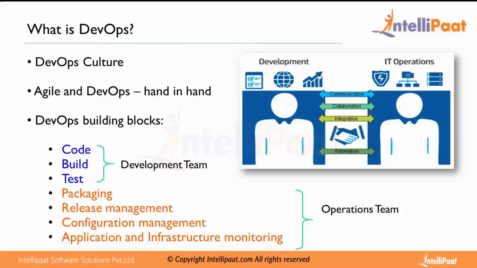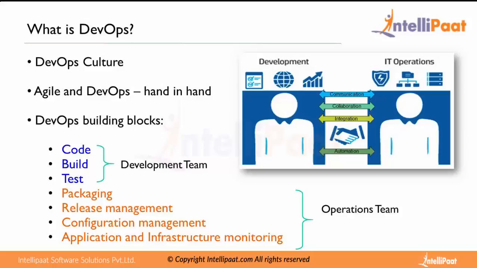But it definitely encompasses different areas inside the application lifecycle, as we are seeing on the screen: the coding portion, the actual development of code, the build or testing of the code, then the packaging, release management, configuration management, and then the application infrastructure monitoring.